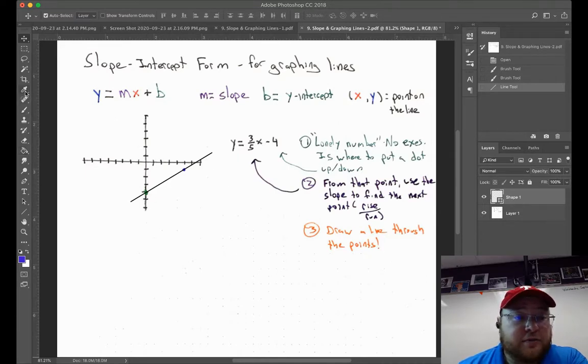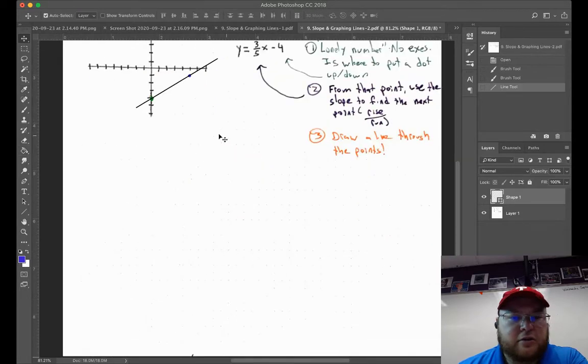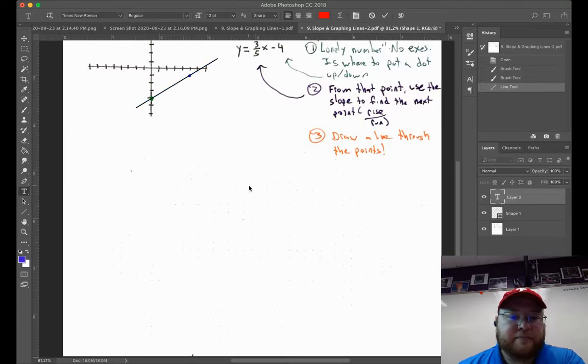A couple different things. I don't know why I didn't put these down here for you, but just a couple notes. If the slope is something like 5, convert that into 5 over 1, which means a rise of 5, run of 1.